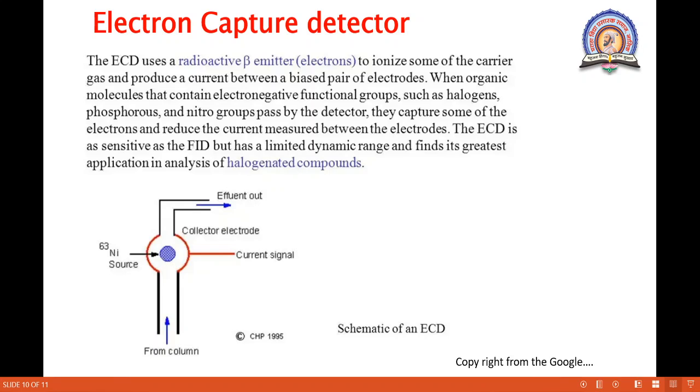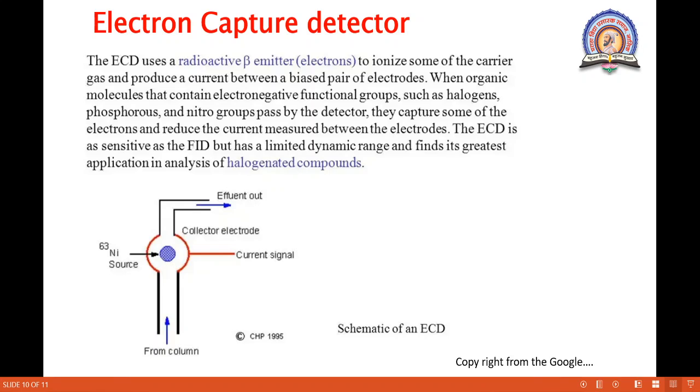Then the last detector is the electron capture detector, in short called ECD. This ECD was invented in the year 1954. It consists of a beta emitter such as nickel adsorbed on platinum or titanium foil.